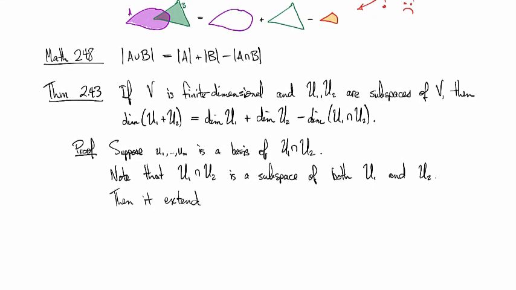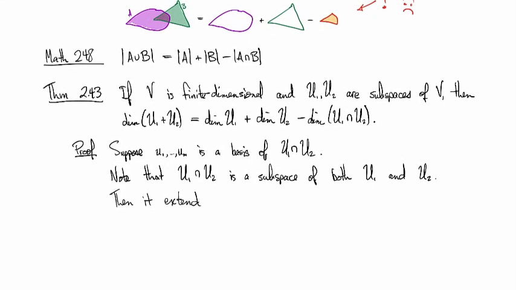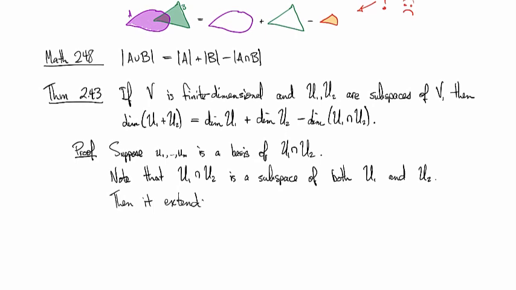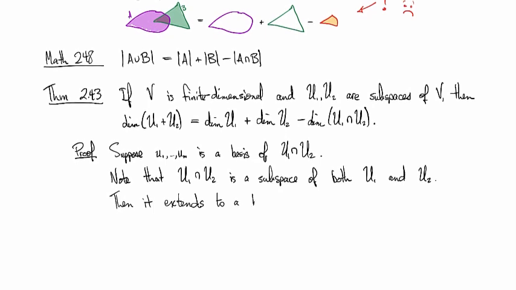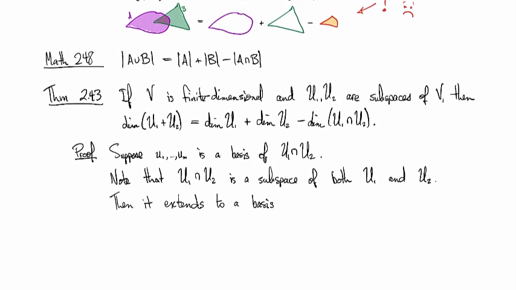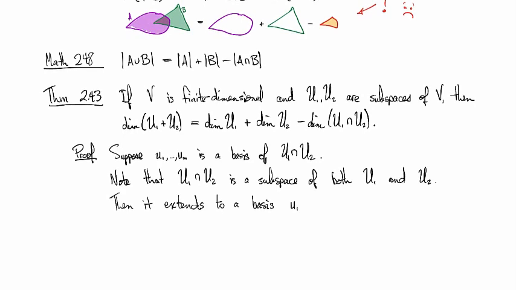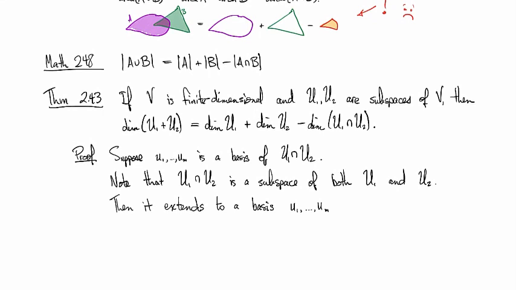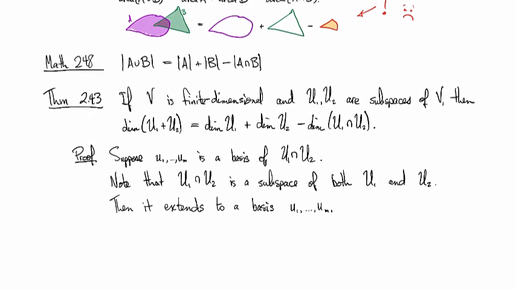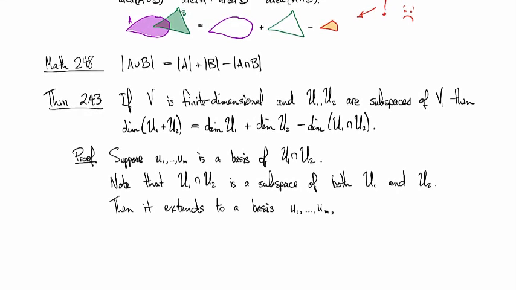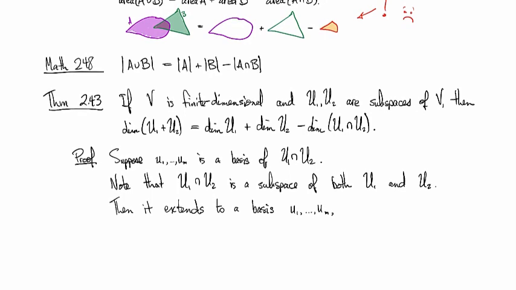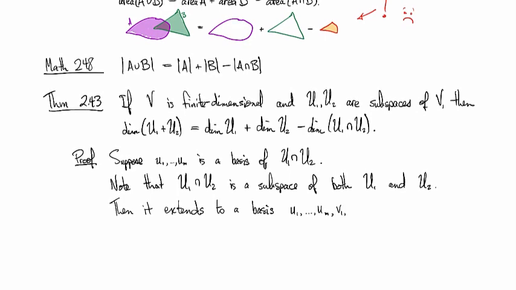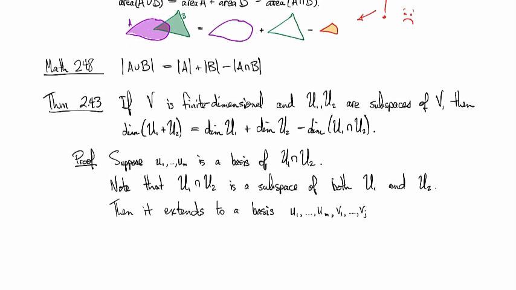Since the intersection of U1 and U2 is a subspace of U1, this basis for the intersection extends to a basis of U1. So it would have the original u's, u1 through um, and then as we extend it up to become a basis for all of U1, let's call the rest of them v's. So we have v1 through vj.